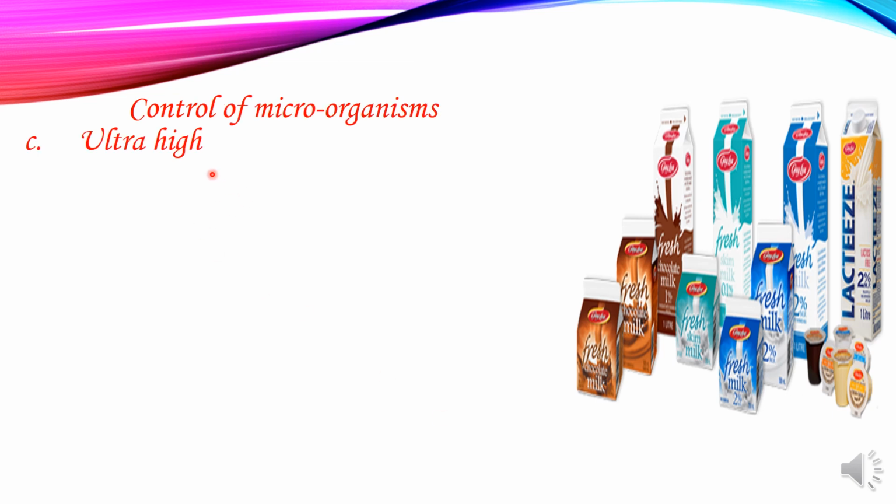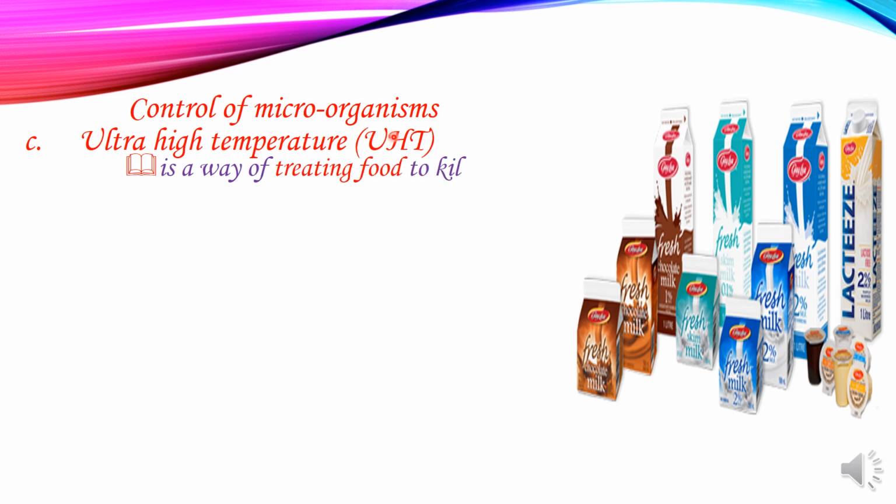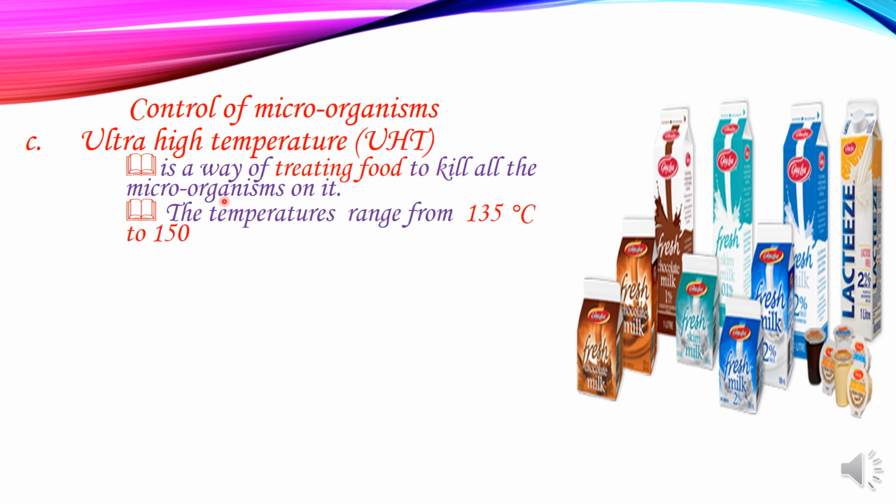The third option of heat type, ultra heat temperature, or shortly abbreviated as UHT, is a way of treating food to kill all the microorganisms on it.